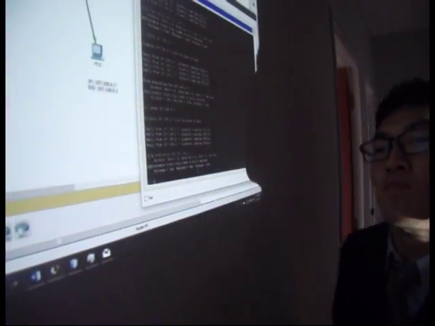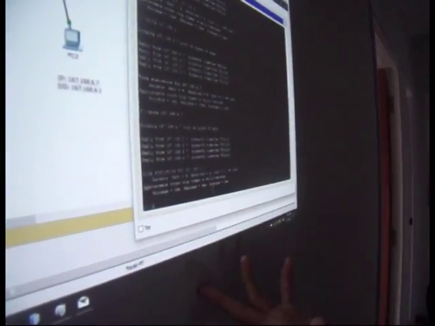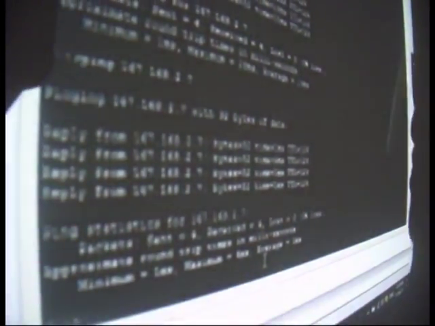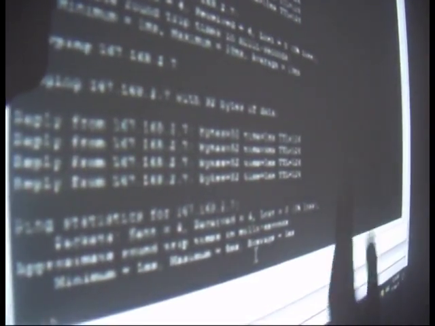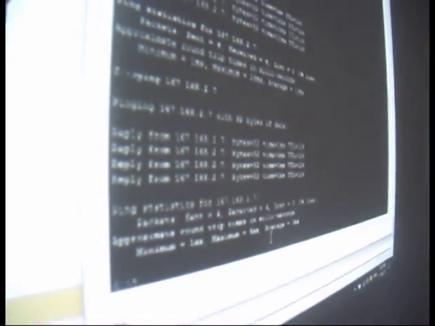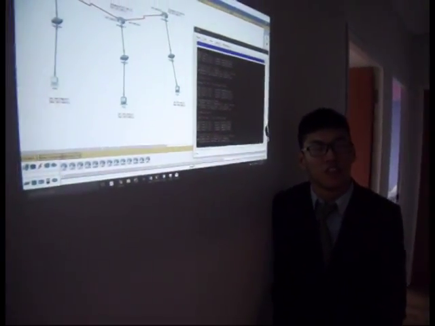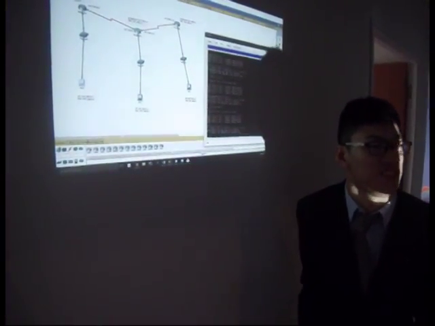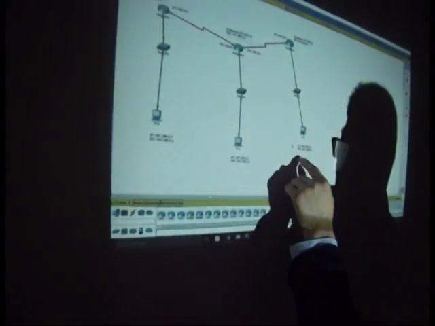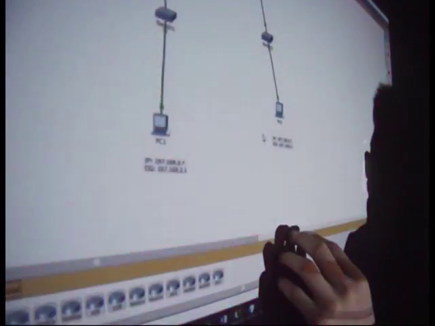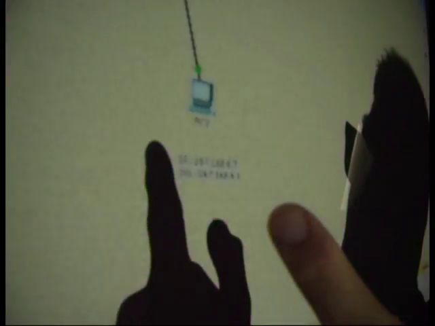As you can see, the ping is successful. So this shows that the Malaysian host is able to communicate with the Singapore host. Now, let's move on to the Indonesian host. As you can see, the Indonesian host IP address is 167.168.6.7.